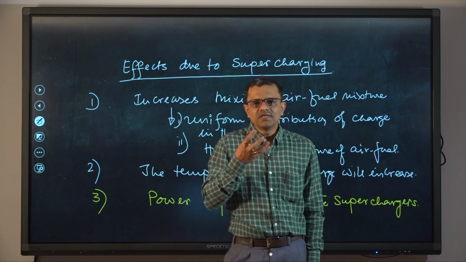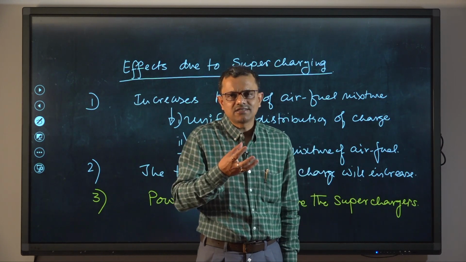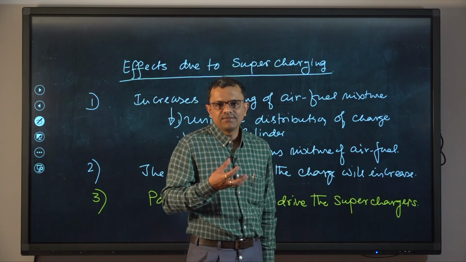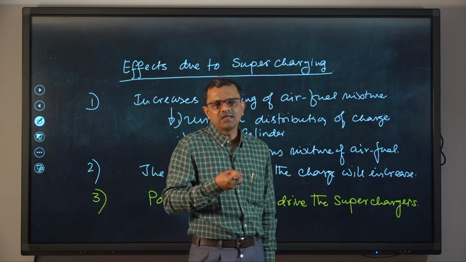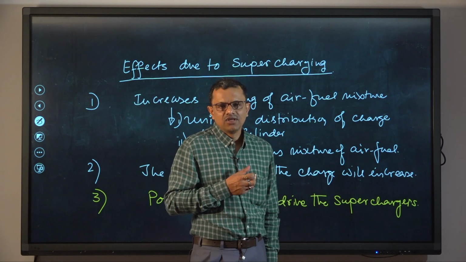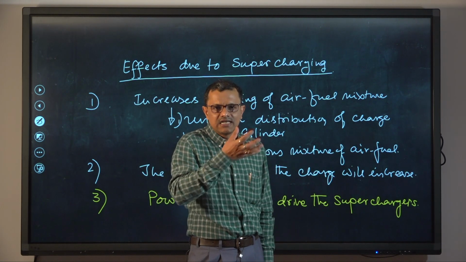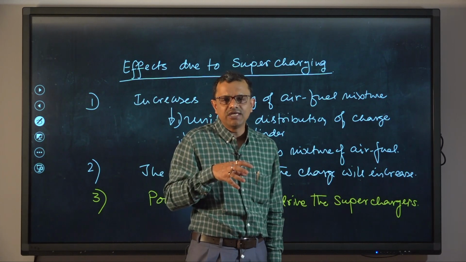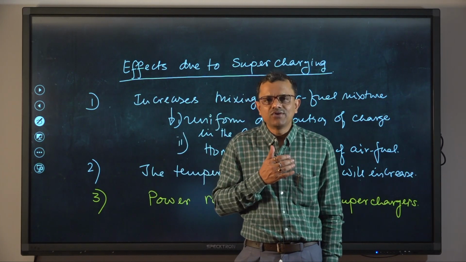Now, out of this output power which will be increased because of the supercharging, if the compressor itself consumes a significant part of this power, then eventually it will have no gain. But on the other hand, the entire assembly of supercharging unit will increase the overall weight of the engine, the operation will be noisy.